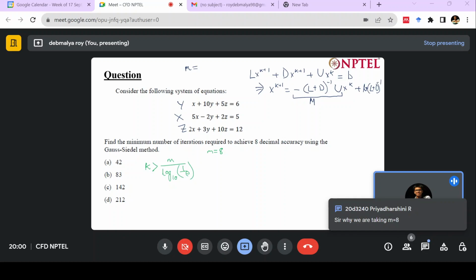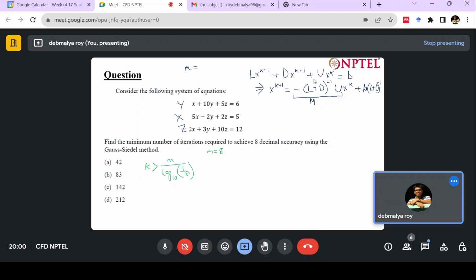So can you try to find out the M? Can you try to find this matrix M?